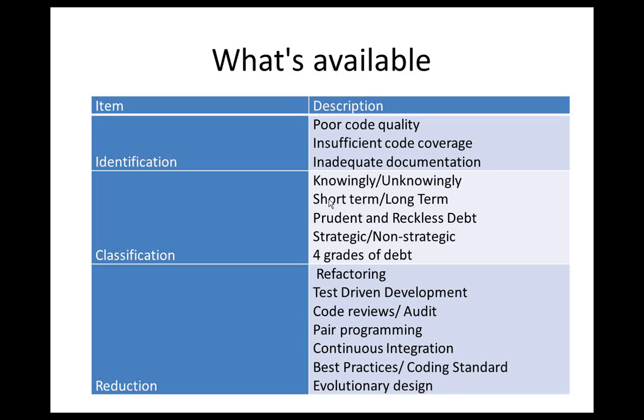Then the reduction techniques: refactoring, test-driven development, code reviews, audits, pair programming, continuous integration, best practices in coding standards, and evolutionary design. There are lots of other things as well, but I have tried to cover as much as possible in these 3 classifications.